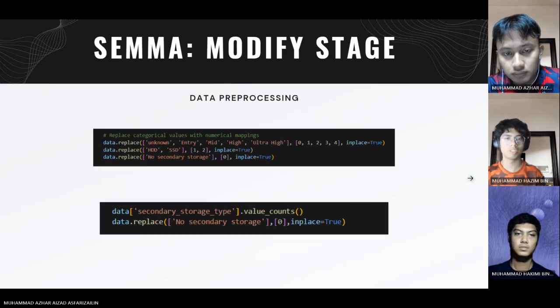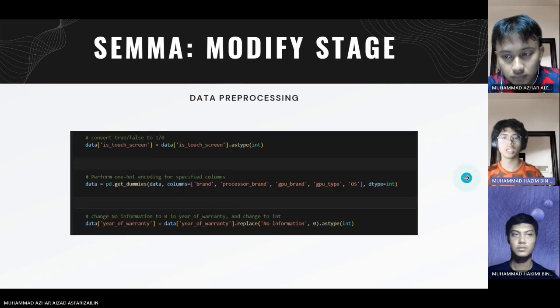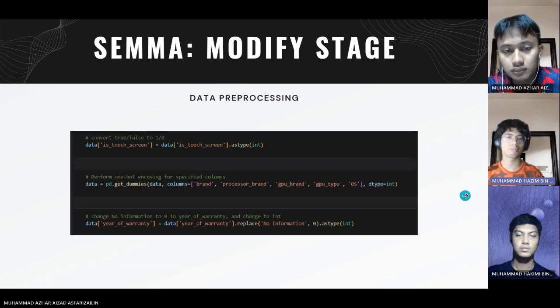Next, we will replace categorical values with numerical mappings also. As we have mapped before, we change them into 0, 1, 2, 3, and 4. And we also change the secondary storage type to no secondary storage, which is 0, to make it a negative value.